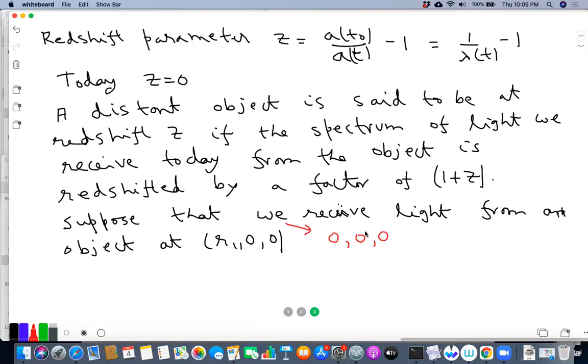So we are at the origin. That's the way we have chosen our coordinate system. This can always be done because of the homogeneity of the metric.